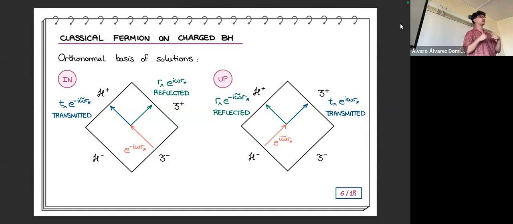So basically for that, what we need is to impose some initial conditions for the radial functions to solve the equations of motion. Okay, so among the infinity of possibilities of choosing the radial functions, let's pick some convenient, physically motivated solutions.